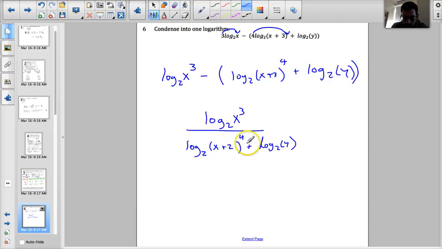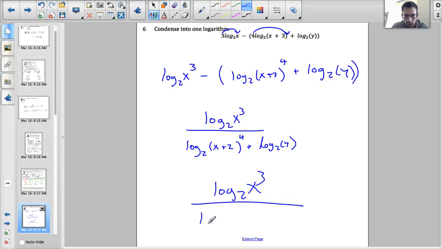And then I can again rewrite addition as multiplication, so I get log base 2 of x to the 3rd over log base 2 of x plus 3 to the 4th times y.